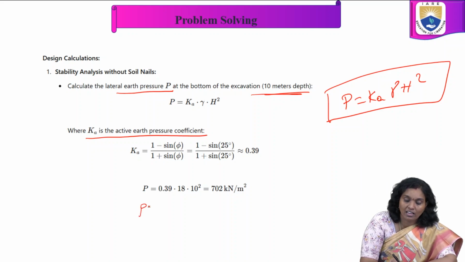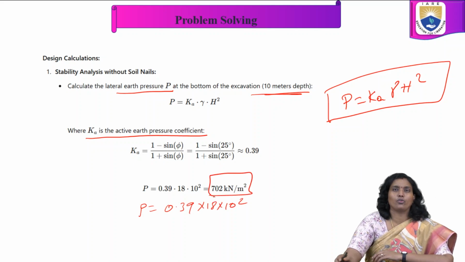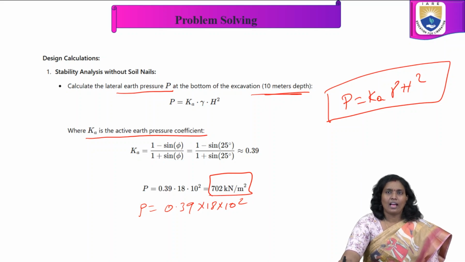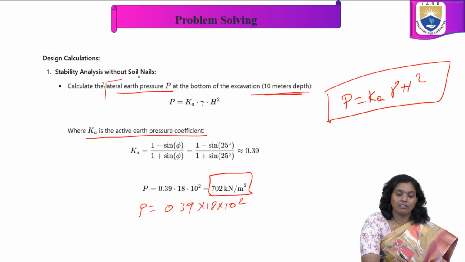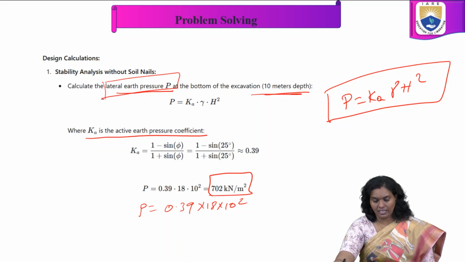After doing all the calculations, we get 702 kilonewton per meter square as the lateral earth pressure from the data.